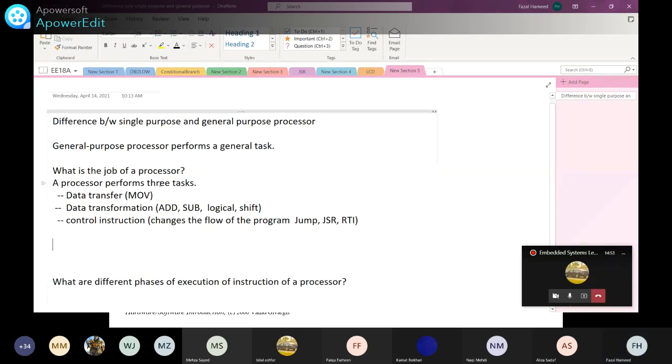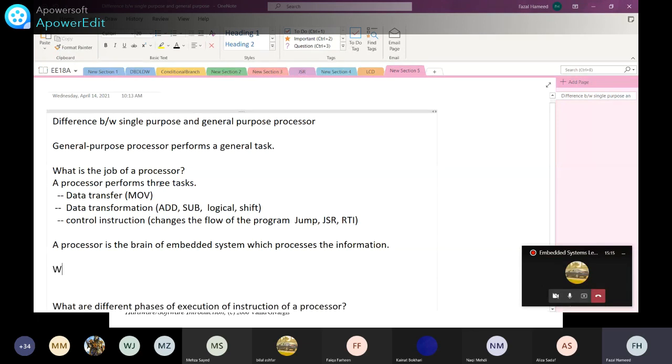Where it processes the information. Where is the information stored?